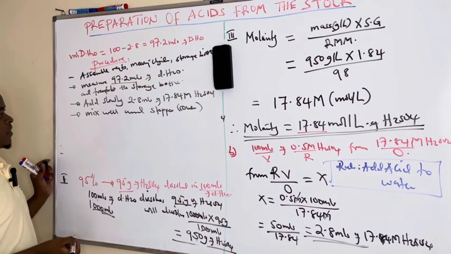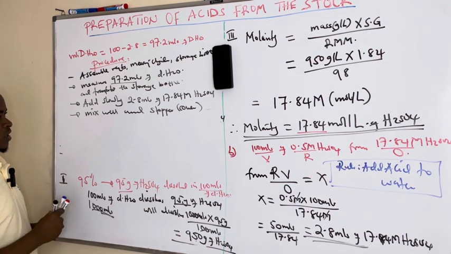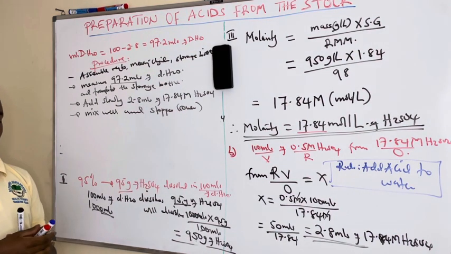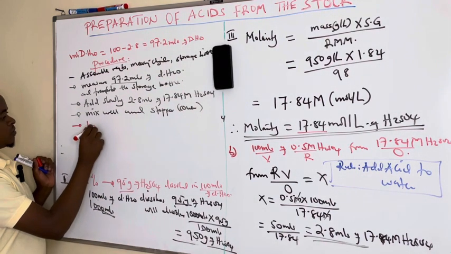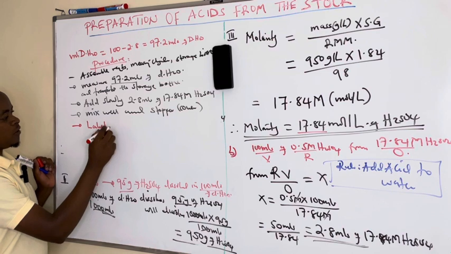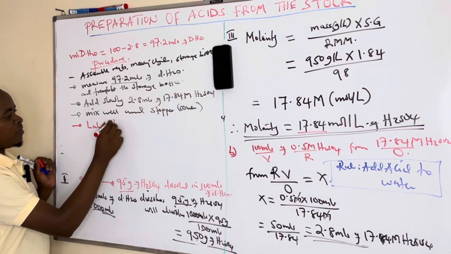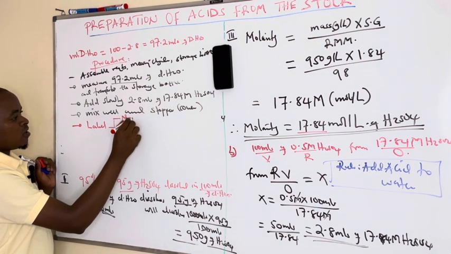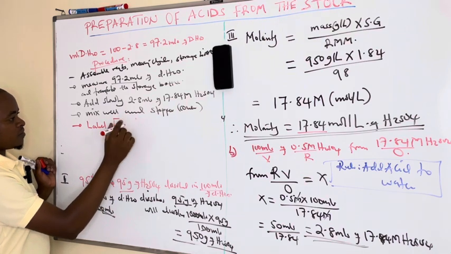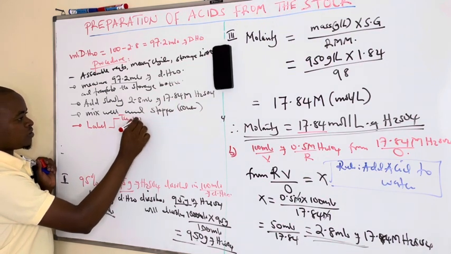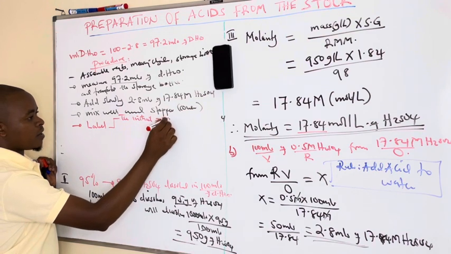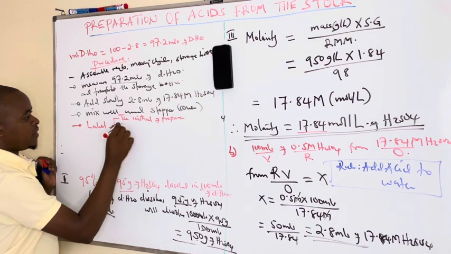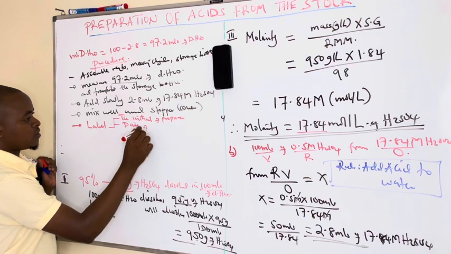And after covering the bottle, the last thing we do is to label. After labeling, on the label we shall need the name, the initials of the person who has prepared, and the date of preparation.